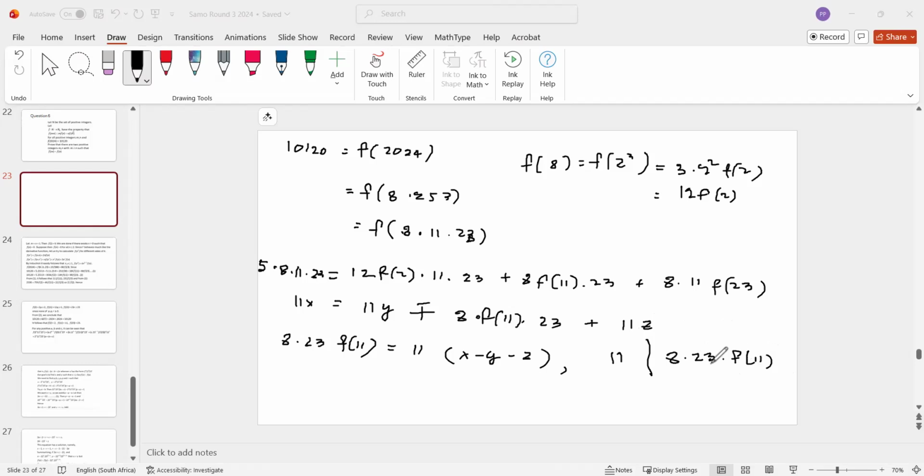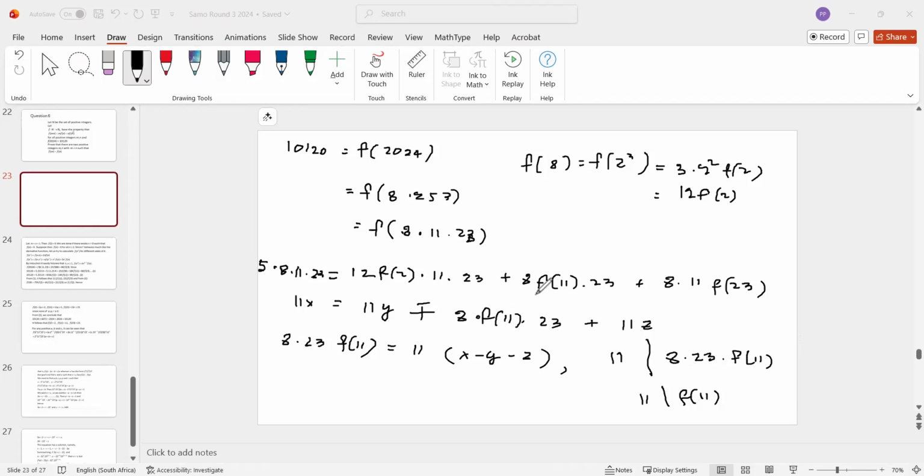So 11 has to be a factor of this one here. See, 11 is a prime number. That's one of the reasons for this. Because when you factorize f of 11, whatever it is, the 11 will be contained in the factorization of this, not there. In other words, 11 is a factor of f of 11.